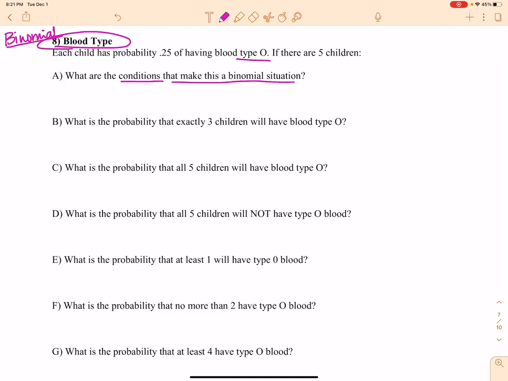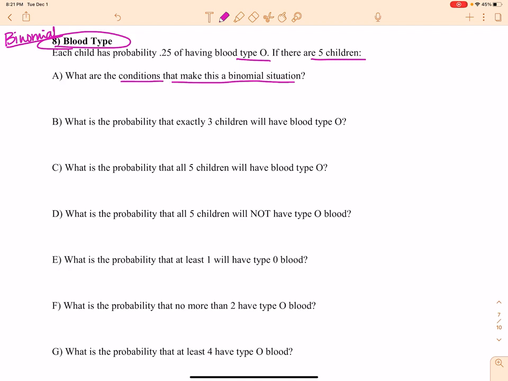Let's talk about applying the 4 conditions that we talked about in the binomial intro video to this particular situation. The first thing is that there's no reason to consider that these 5 children would not be independent of one another.